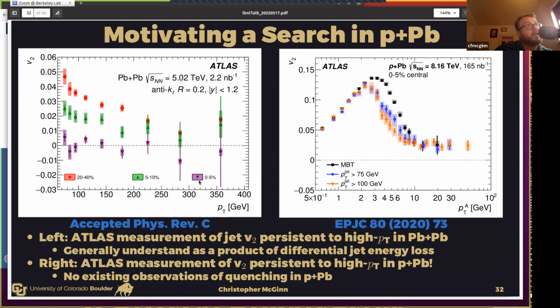The x-axis is the pT of the particles. That's what pTA was referring to. So it's a kind of a two-particle v2 between a high pT particle and a jet? Yeah. So you take a hadron and a jet and you look at their two-body correlation, and you extract a v2. Got it. Thank you.